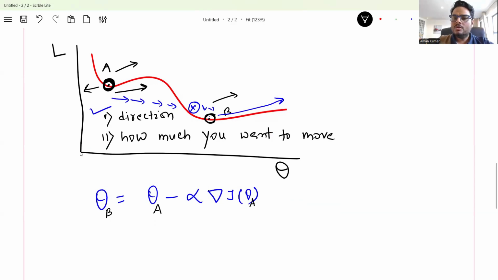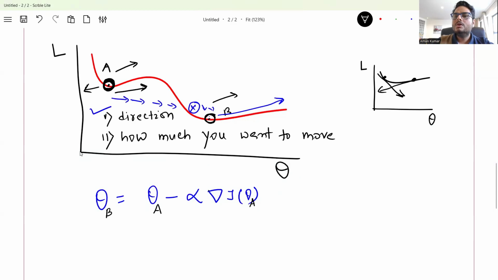From the concept of calculus, if there is any curve, for example, suppose this is a curve, at any point, if I compute the gradient, let's say this is loss and this is theta, it tells me that if I increase theta, will the loss increase or will the loss decrease?